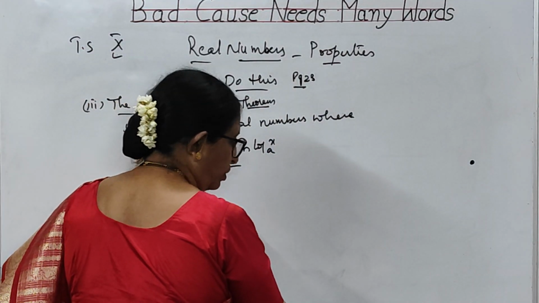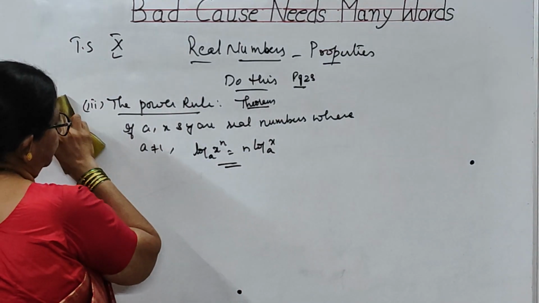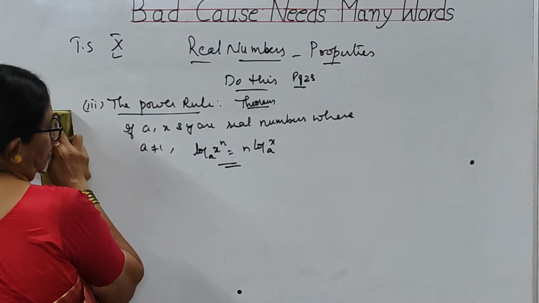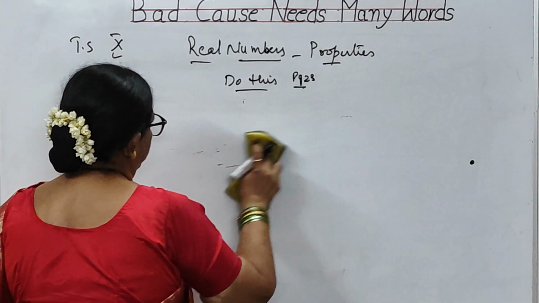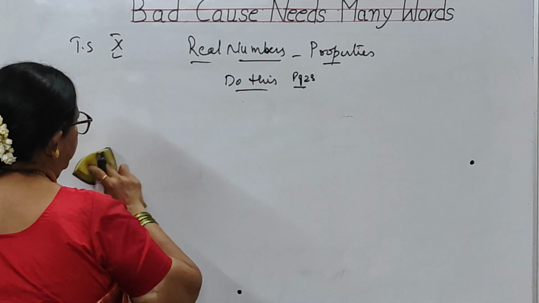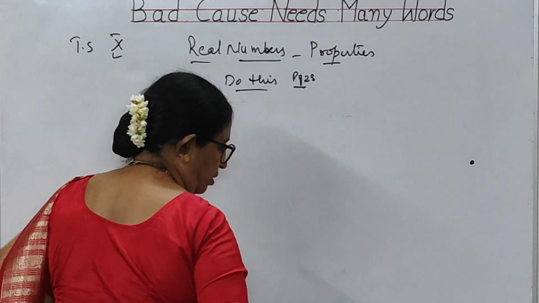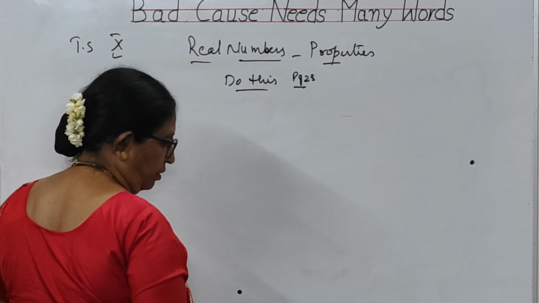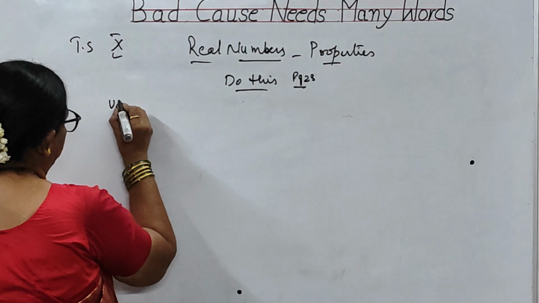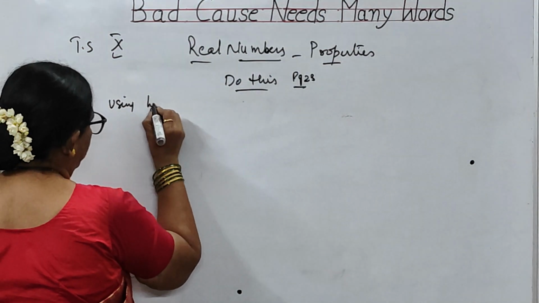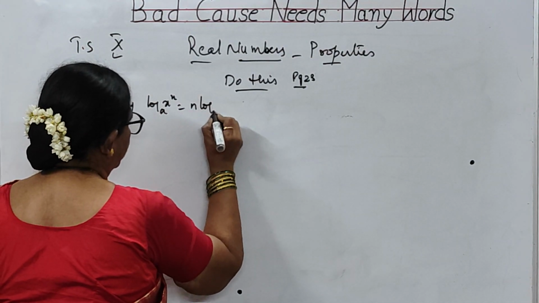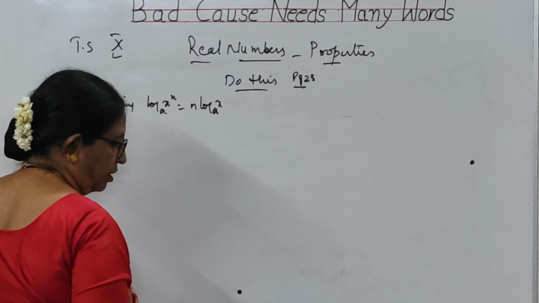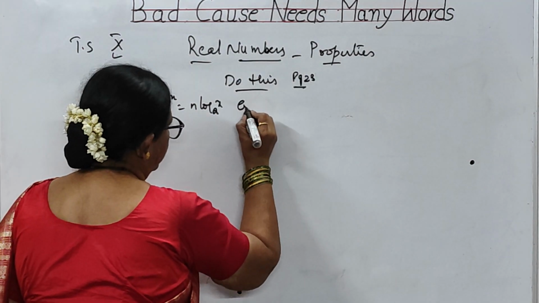I will do it, otherwise in a new page you just copy it. Page 23, do these sums. The question is using log x to the power of n to the base a is n log x to the base a.